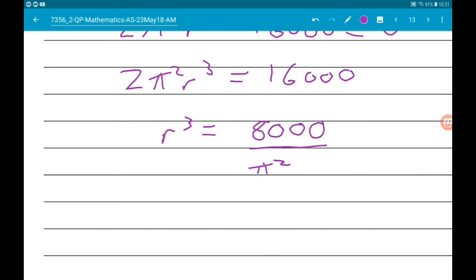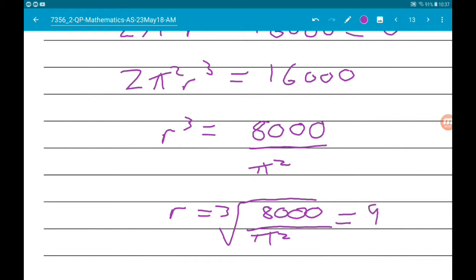So r is equal to the cube root of 8,000 over pi squared, which, if we go to 2 decimal places, is going to give us 9.32 centimetres. So that's our value for r.